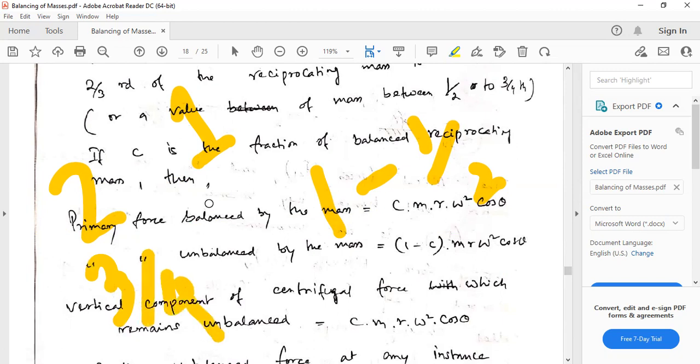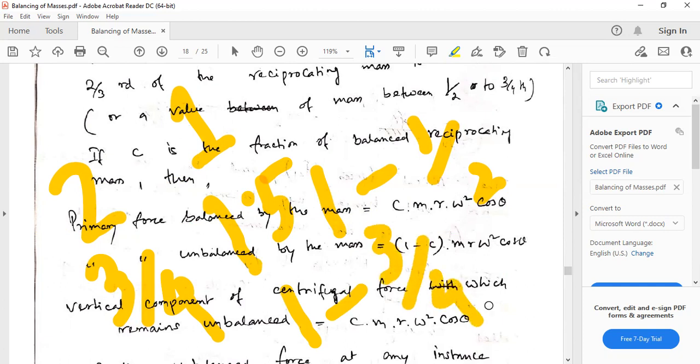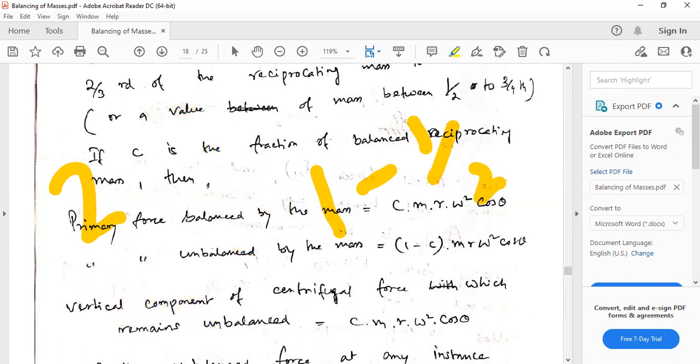Out of 2 kg we have balanced 3/4 of this. 3/4 of 2 kg is 1.5 kg we have balanced. So 1.5 kg of balance means what is the remaining part? That is 1 minus 3/4. Isn't it? 1 minus 3/4 is remaining. That is what is remaining to be balanced. Here see 1 by 2, 3 by 4, these are c only. This fraction c.